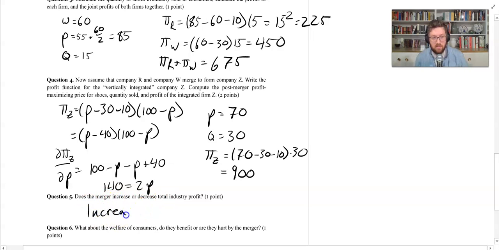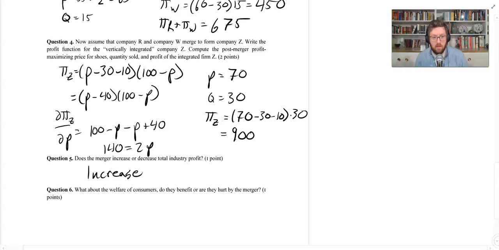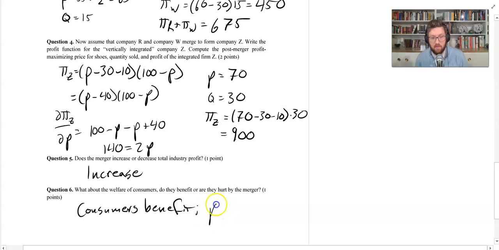It increases. We go from 675 to 900 when these guys merge. But the really nice thing is that consumers benefit because the price falls from 85 to 70.